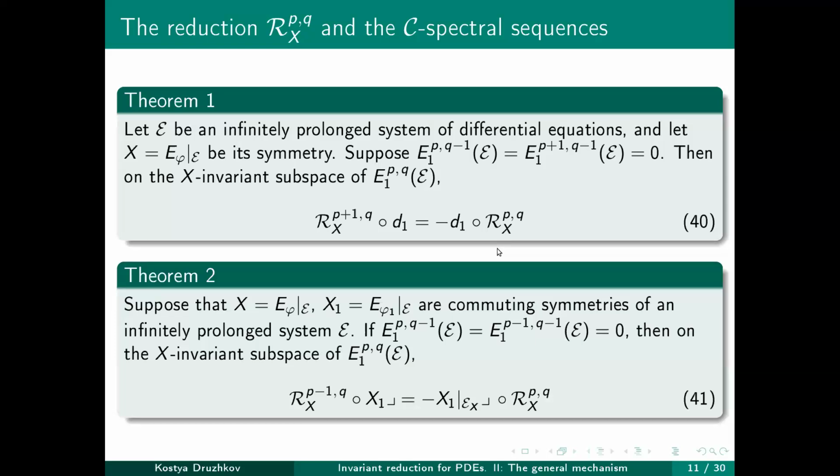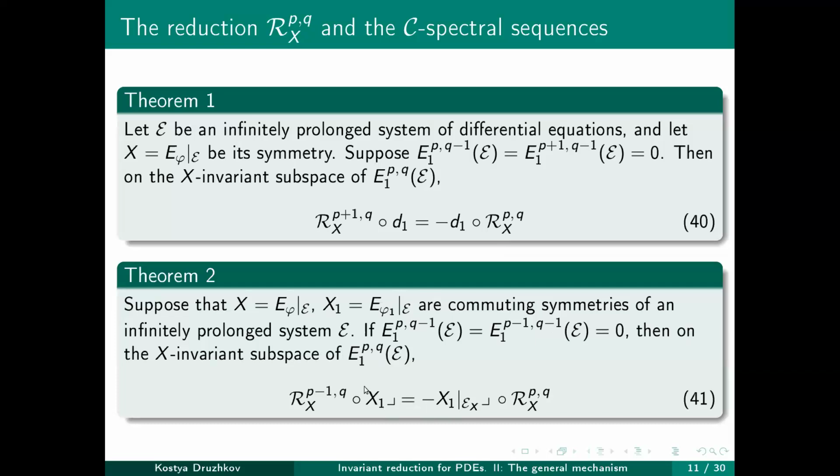And theorem 2 is more or less the same theorem. It describes the same effect. Suppose that X and X1 are commuting evolutionary symmetries of an infinitely prolonged system, epsilon. If we also have some technical requirements, then on the X invariant subspace of this group, we have the relation between contractions.